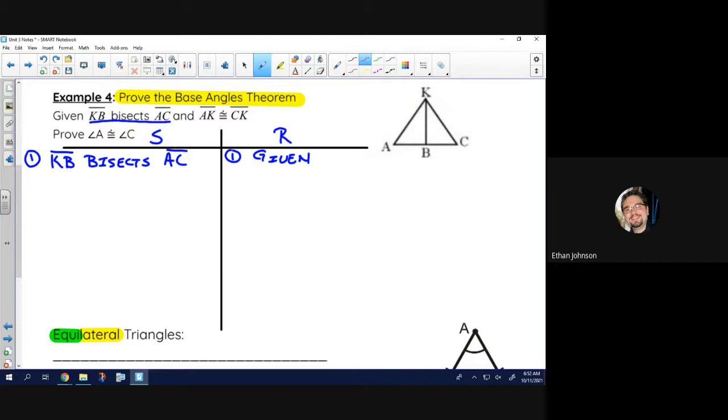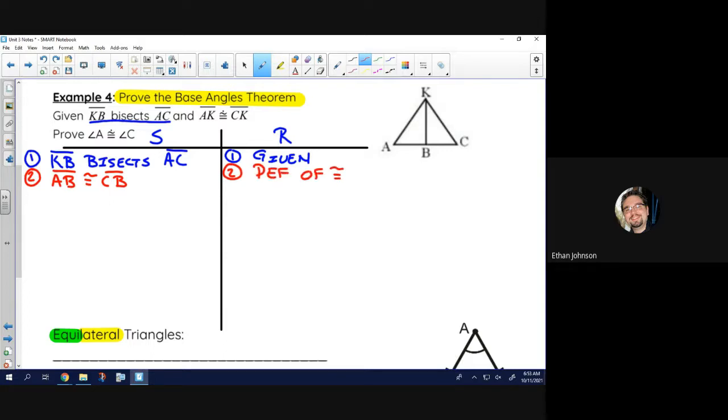Well, we had a vocab word, so let's deal with that vocab word, bisect. Remember, bisect means to split in half. So it literally says segment KB splits AC in half. Well, the two halves of AC are AB and CD. So AB is congruent to CD.